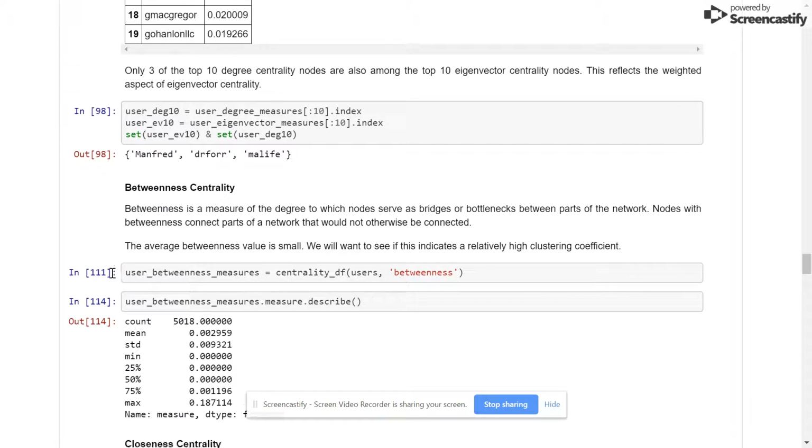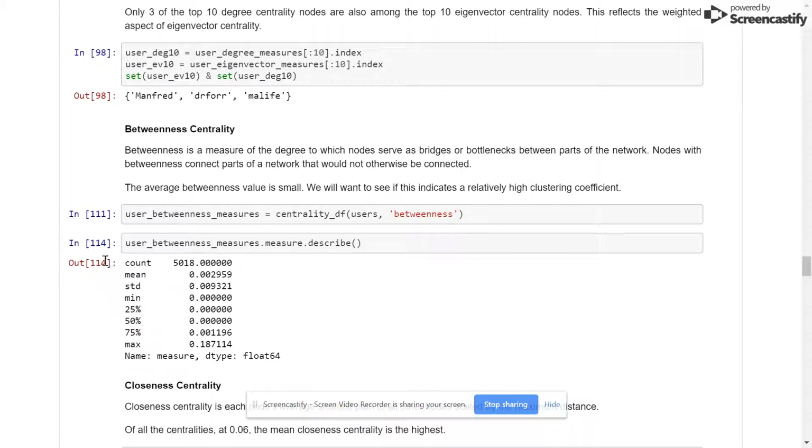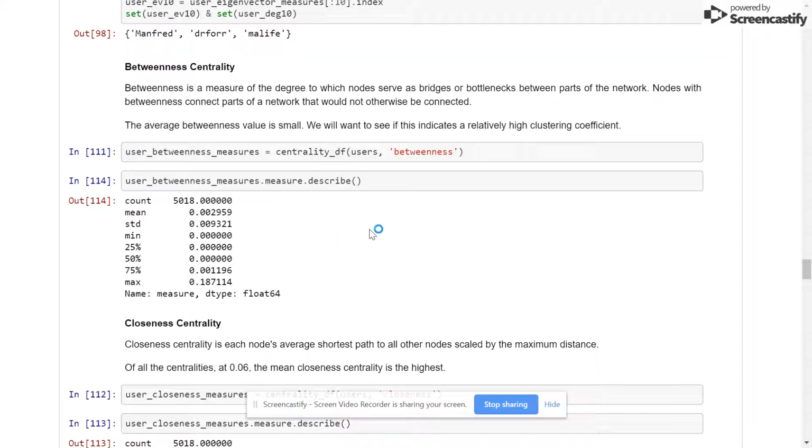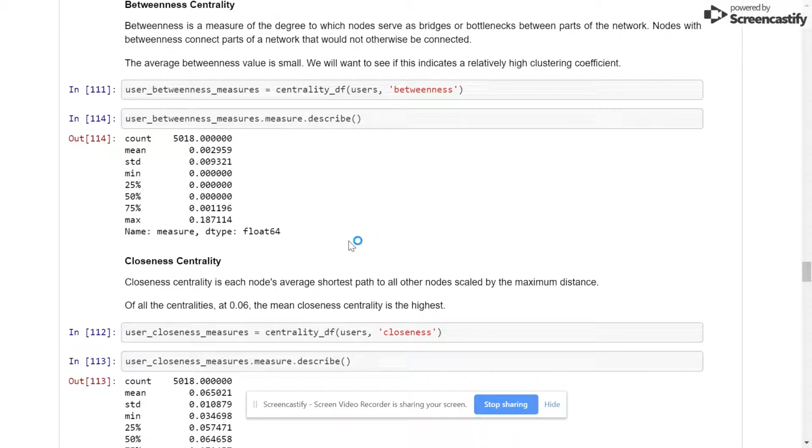Now let's take a look at betweenness centrality. Betweenness is the measure of the degree to which nodes serve as bridges or bottlenecks between parts of the network. And we see that this is, again, relatively small. And we will want to see if there's a high clustering coefficient that could be related to this.